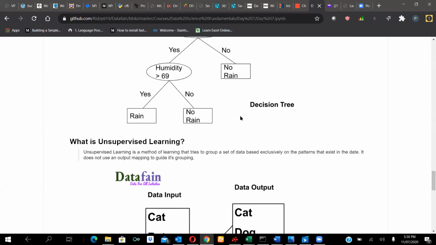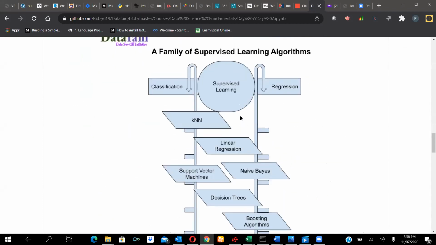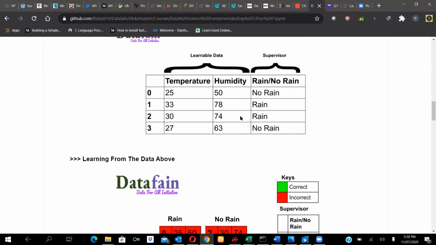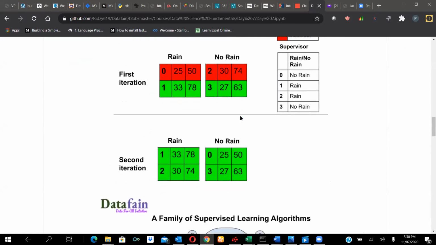Now, let me give us a simple scenario. When we were explaining this data set, temperature and humidity, we were able to separate the data set in the second iteration using our output variables of rain and no rain. So the data set will either fall into the category of rain or no rain.